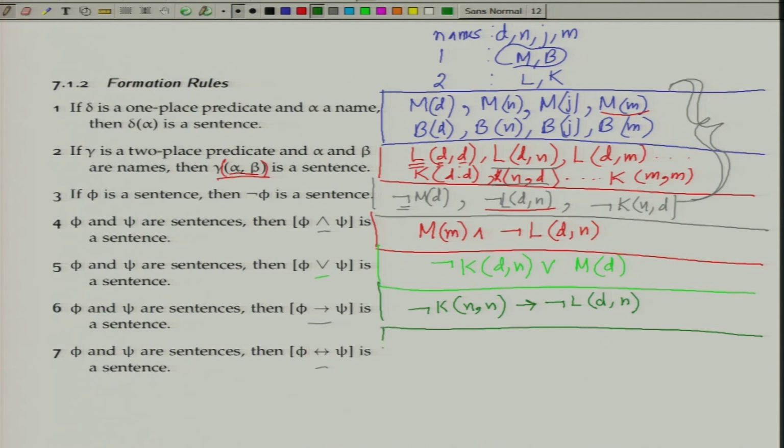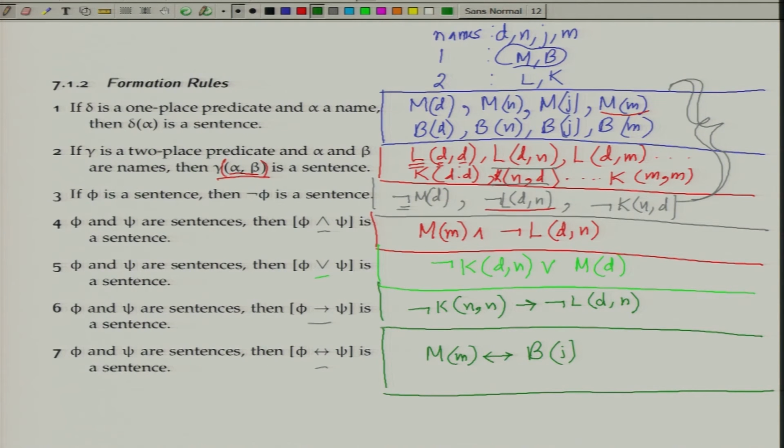And finally, we need to talk about it a little. It is if and only if. So, anywhere we can write, for example, MM if and only if BJ. Suppose we are choosing any random sentences. So, these are all sentences, so we can have this.